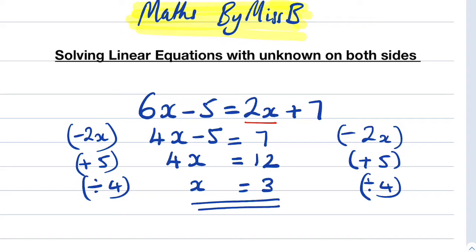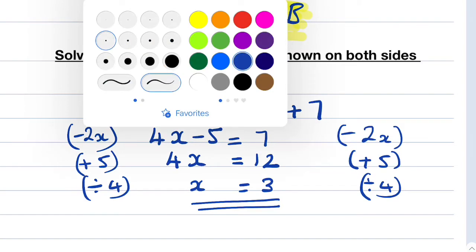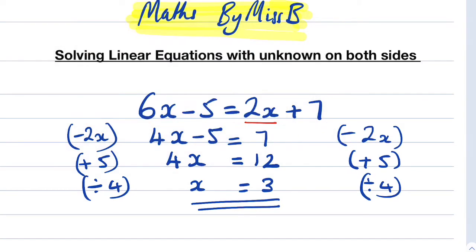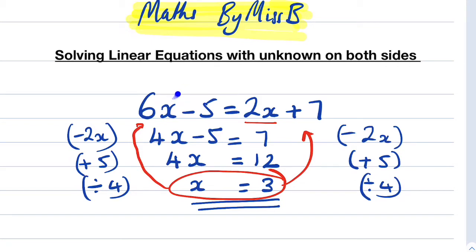Now once you've done that, you should be able to substitute your x value into the equation on the left hand side and the right hand side and see what you end up with. Well, if you put 3 in here, you get 6 times 3, which will give you 18. 18 take away 5 will give 15.